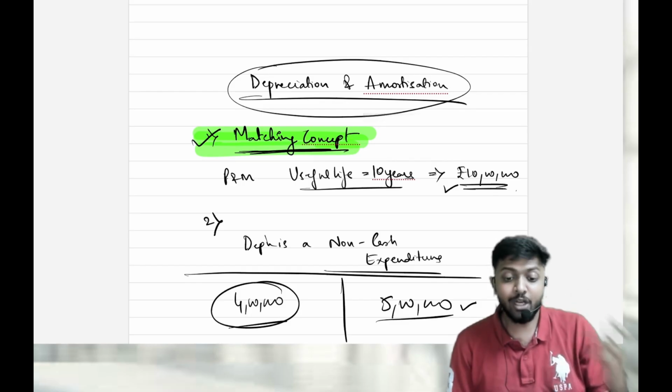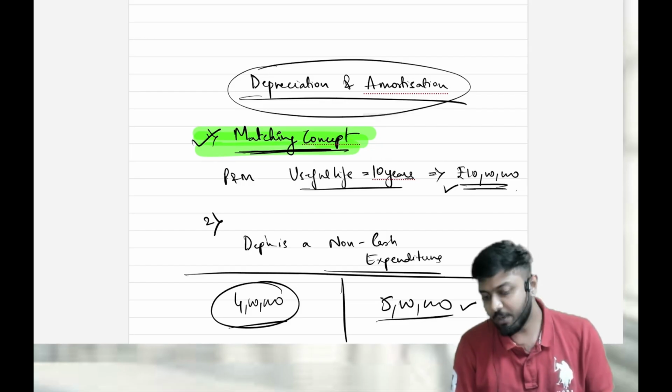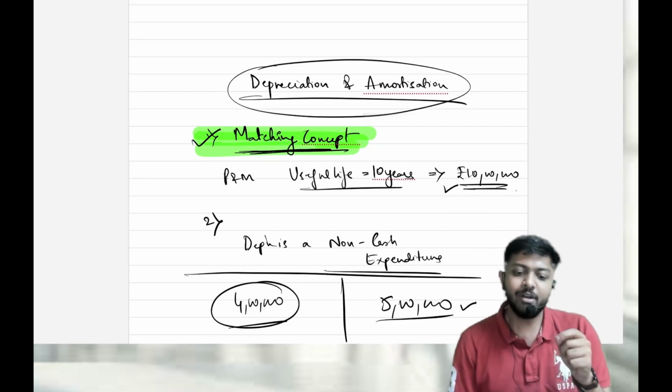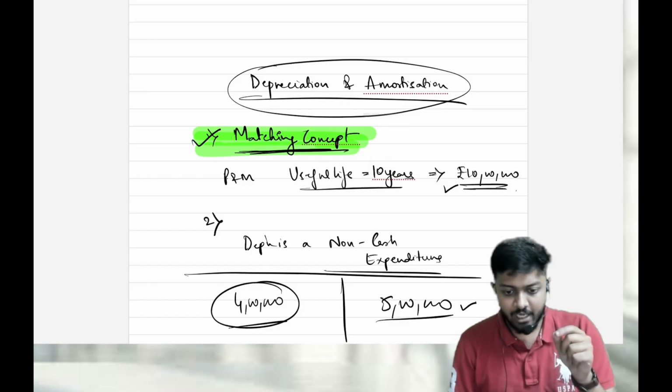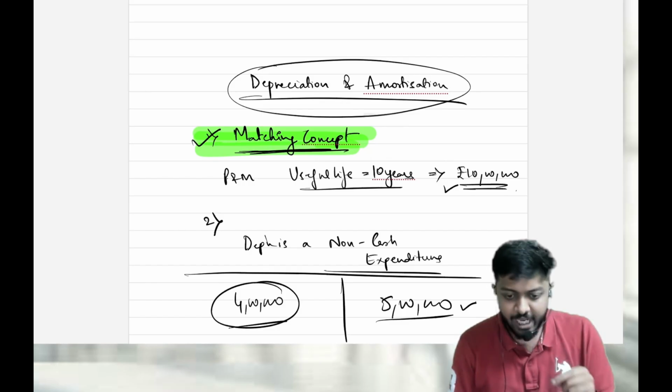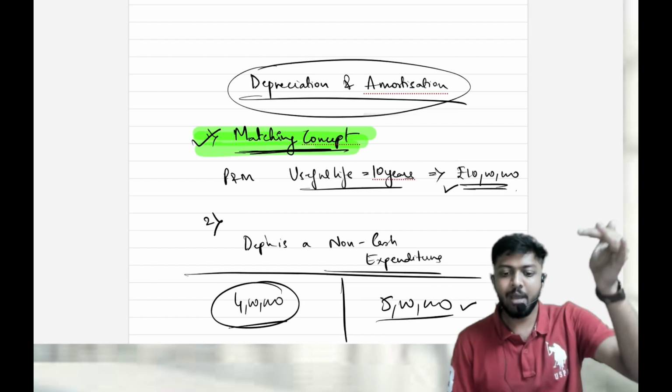Now you get economic benefits from the asset over 10 years, but you are buying the asset now, so you are paying 10 lakhs today. If I had shown it as a normal expense, you know it's a capital expense, it will go to the balance sheet as an asset.